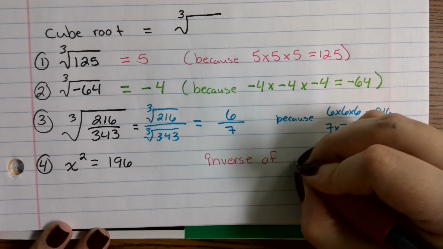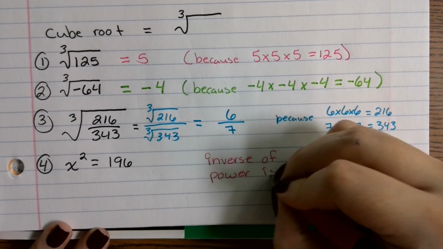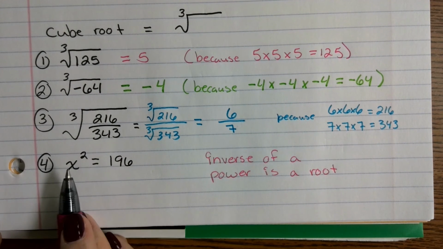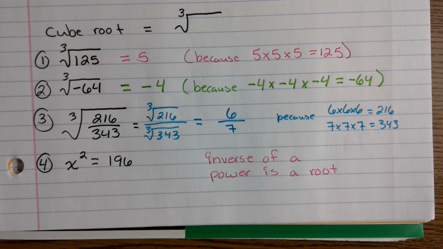So the inverse of a power is a root. So if the power is squared, then it's a square root. If the power is cubed, then the inverse is a cubed root. If it's a fourth power, the inverse is a fourth root.